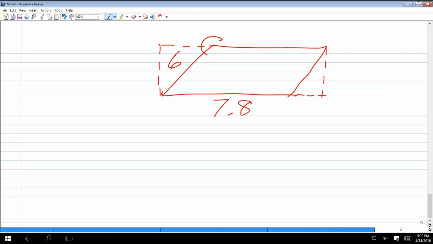The obtuse angle on the left, which is that angle there, intersects the right side of the parallelogram at a 90-degree angle. And that's the height you're supposed to be finding. So that's what we're trying to calculate? Yeah. And that's a right angle there? Yeah. Okay.